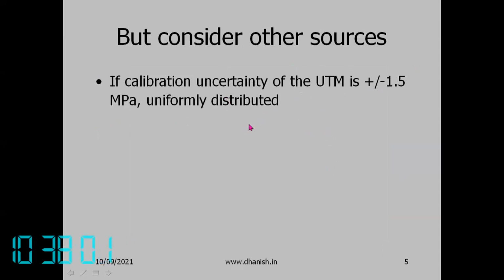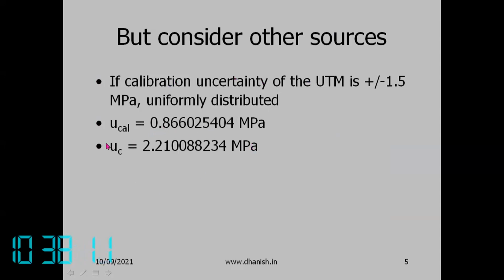So assuming it is uniformly distributed, the standard uncertainty of the calibration will be 0.866. The combined standard uncertainty will be the root sum of squares of this calibration uncertainty and the uncertainty of the repeated readings. So now the combined standard uncertainty is 2.21.